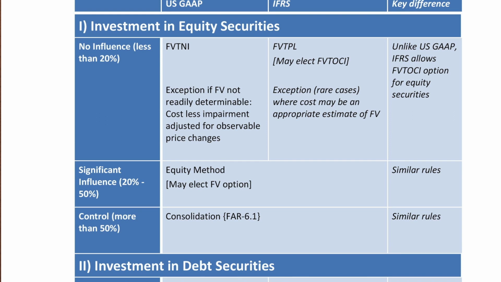Now the accounting for investment in equity securities depends upon the ownership percentage or the influence or control that the investor has on the investee. So draw a bracket there and write based on ownership percentage.